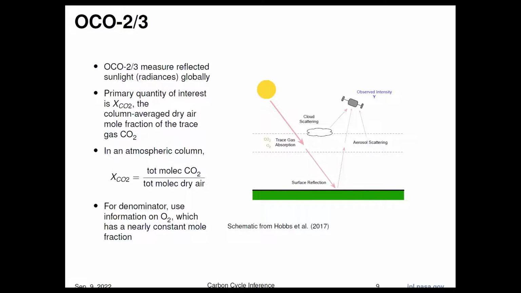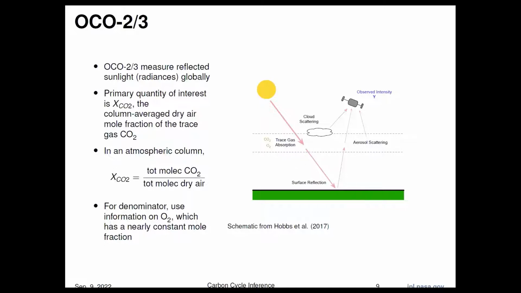That's often represented as a fraction or a proportion, and usually reported in parts per million, because the relative concentration is in an absolute sense pretty small, but it is variable.